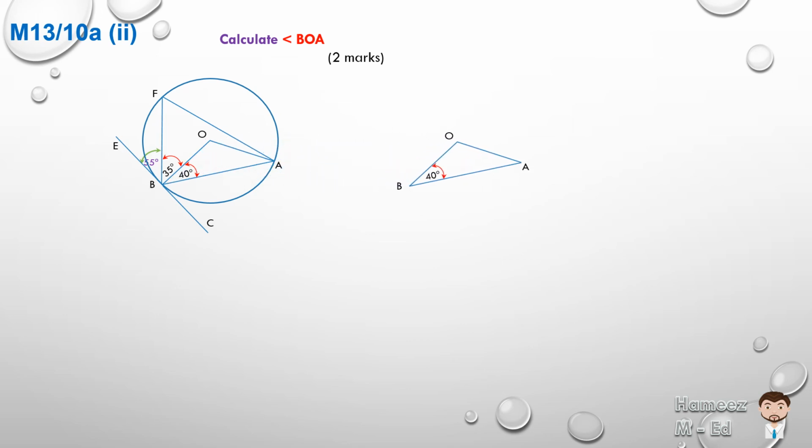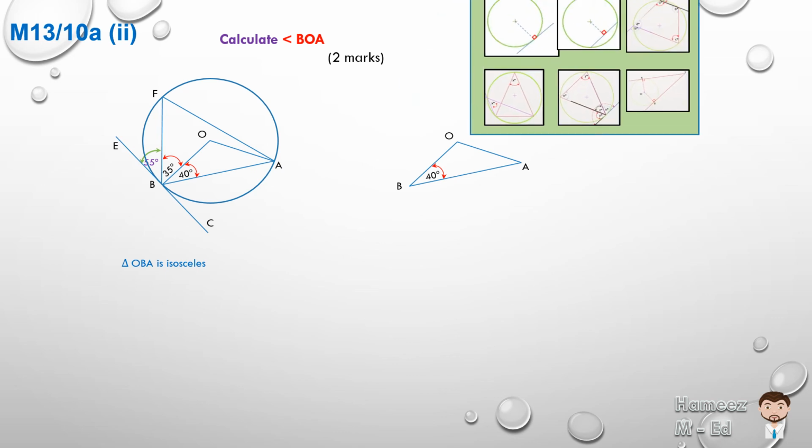And if we extract that triangle, what do we recognize? We recognize that OB and OA are radii, or two radiuses of the circle, which means that if two sides of the triangle are the same, then triangle OBA is an isosceles triangle, which means what?